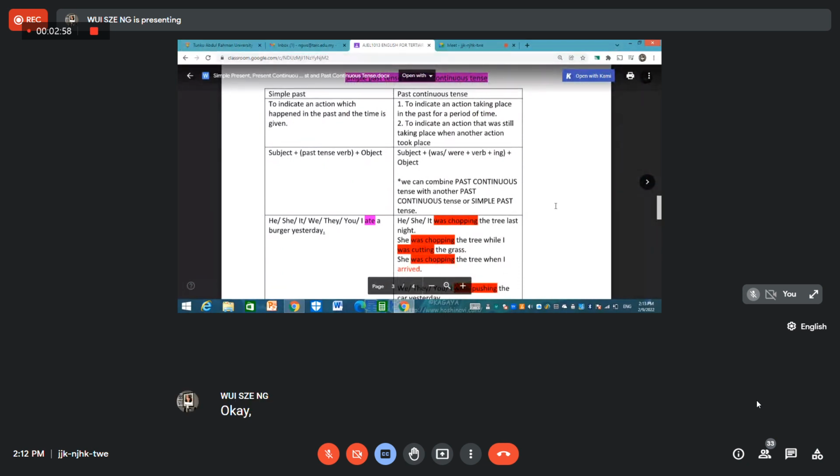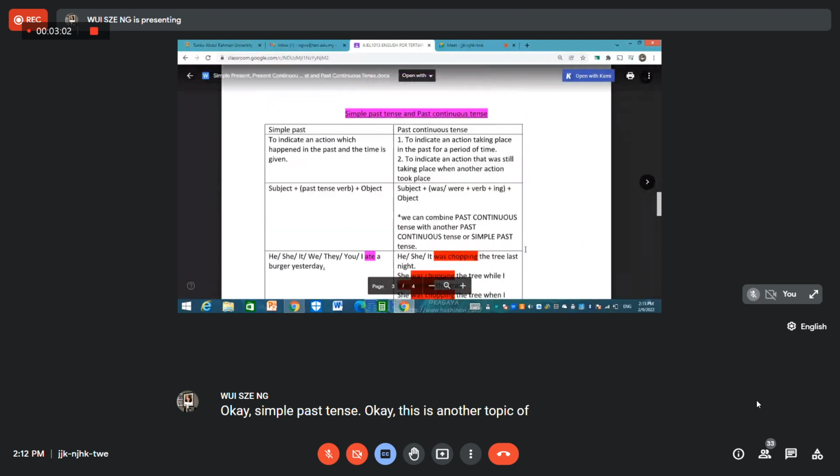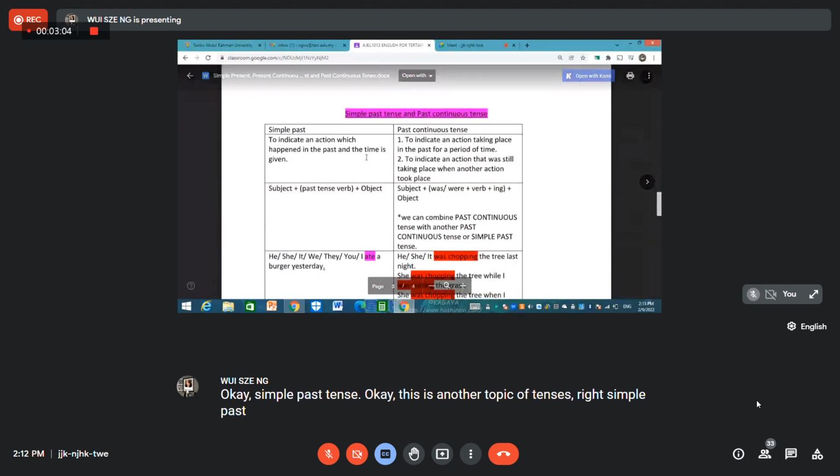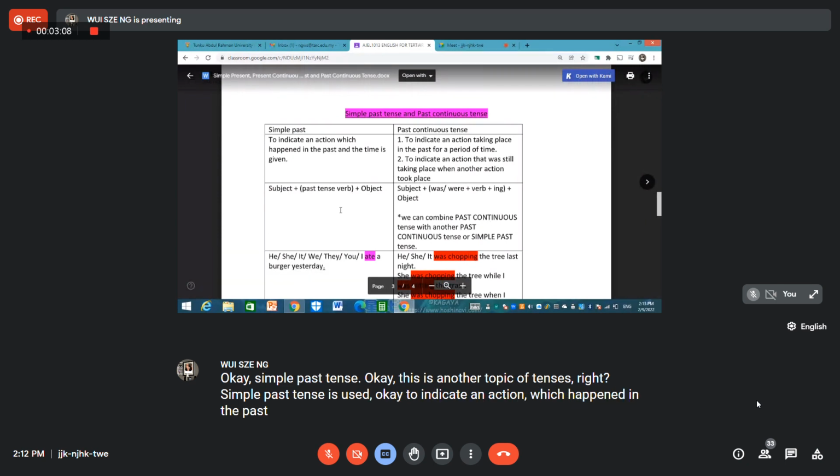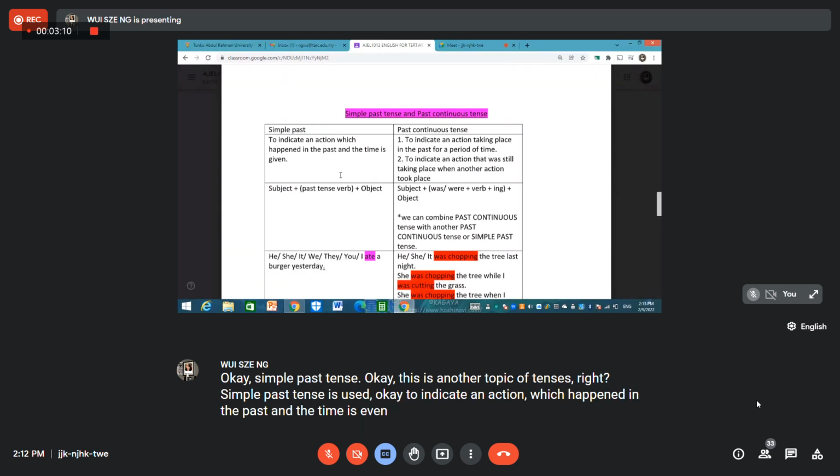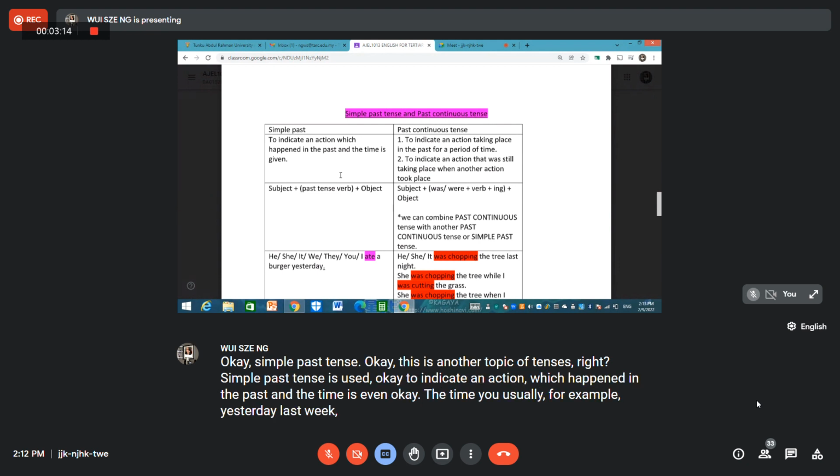Simple past tense is another topic of tenses. Simple past tense is used to indicate an action which happened in the past and the time is given, usually, for example, yesterday, last week, last month, last year, last winter, last summer.